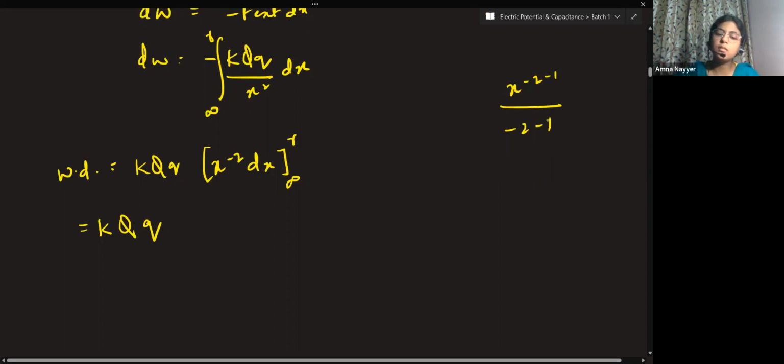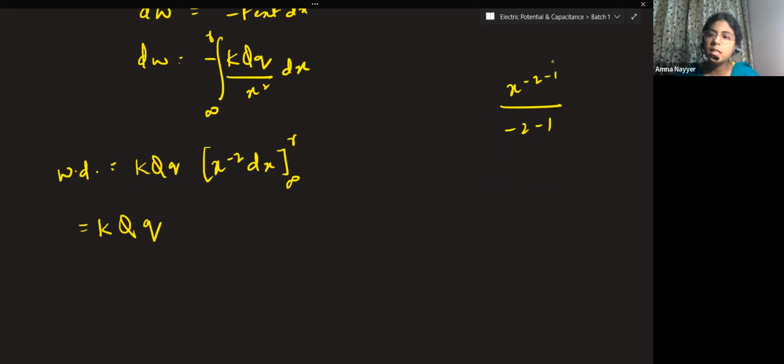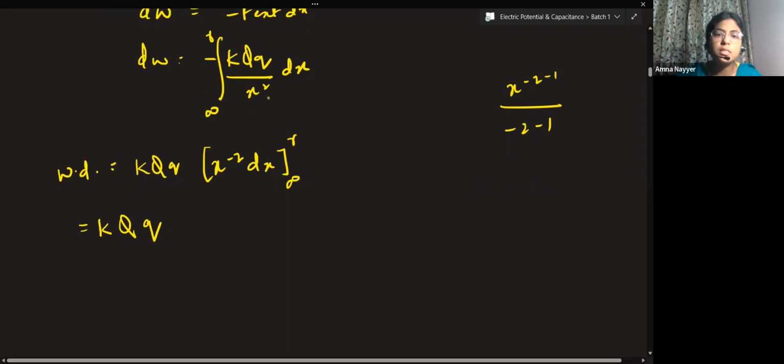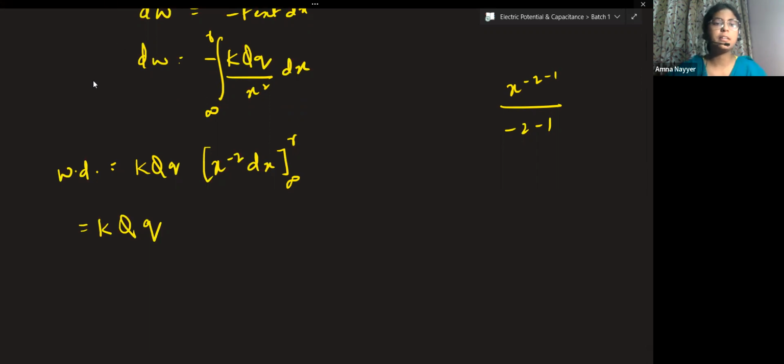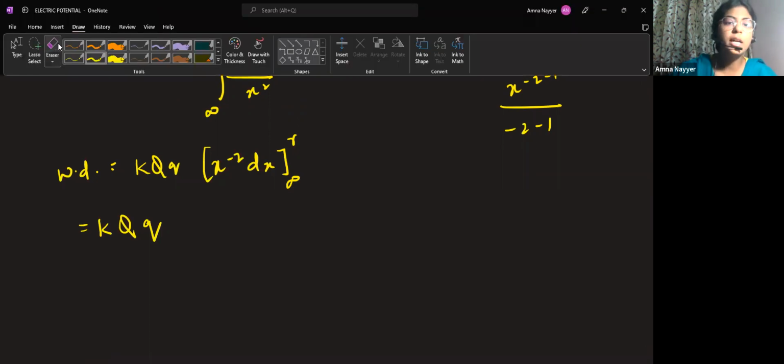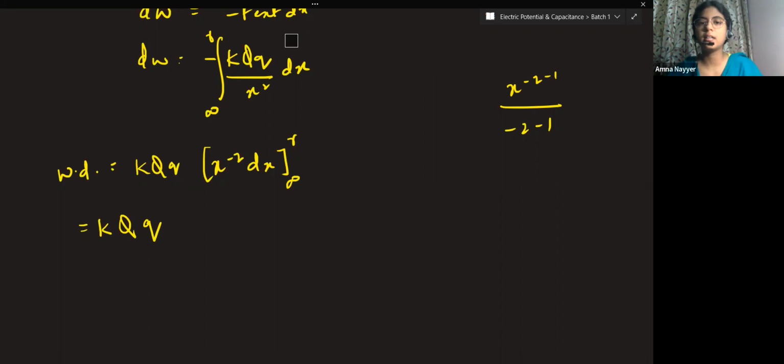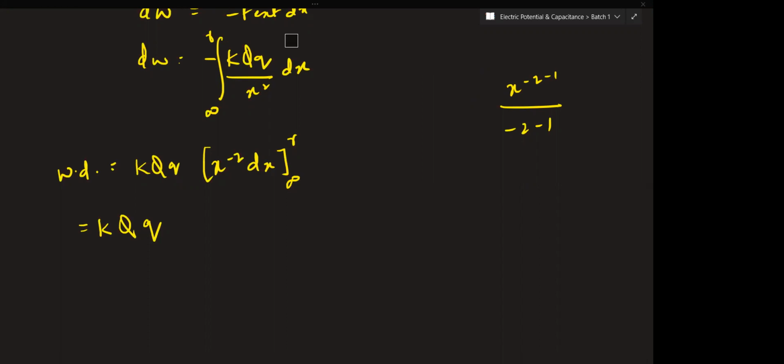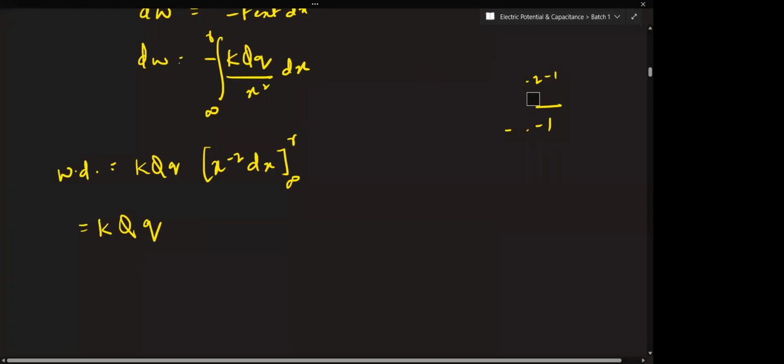Whatever is there in the denominator is written as x to the power minus 2 only, this is x to the power 2. Now we have a negative sign as well, and we have one more negative sign as well. That has to be considered too.